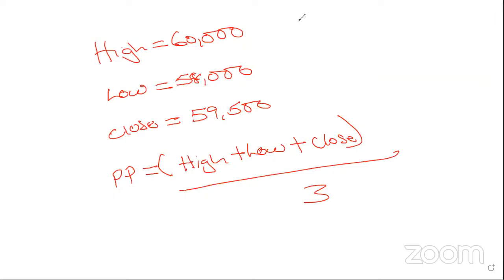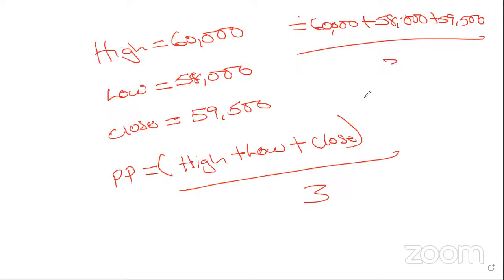So what I'm saying is it is $60,000 plus 58,000 plus 59,500 divided by 3, which means it will be 59,166.67. So this will be the pivot point.